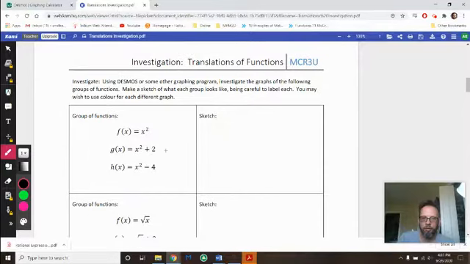My intention for this investigation is not for you to graph these by hand. I would like you to graph these in Desmos, all three at the same time. Desmos will give them all a different color. Let's see the effect of, in this case, the basic parabola, and then adding 2, and then subtracting 4.